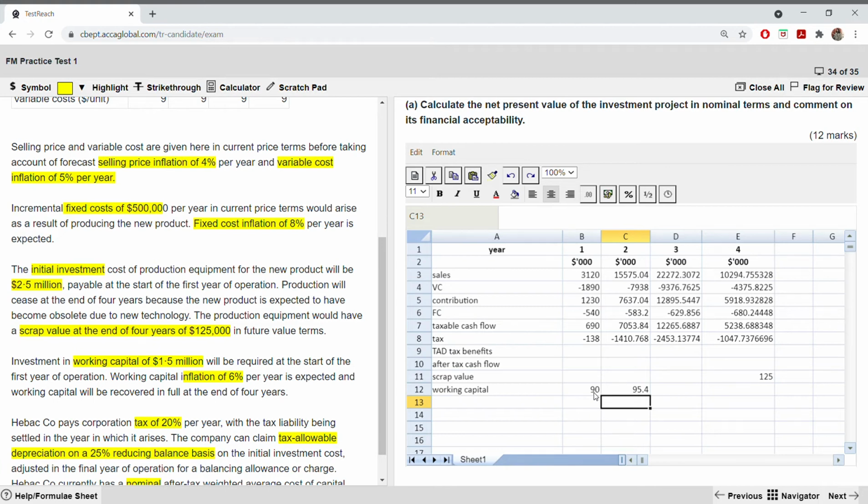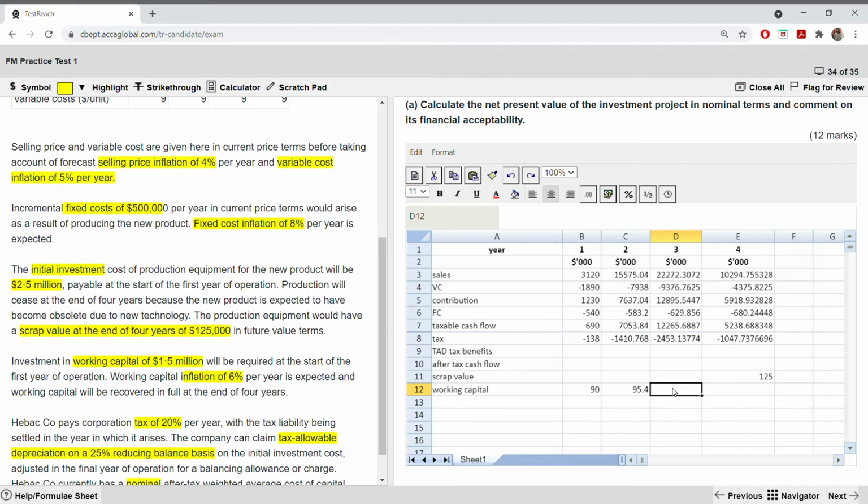Next, when I go into the third year, how are you going to work out this working capital?